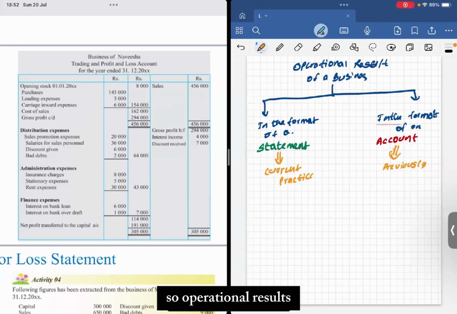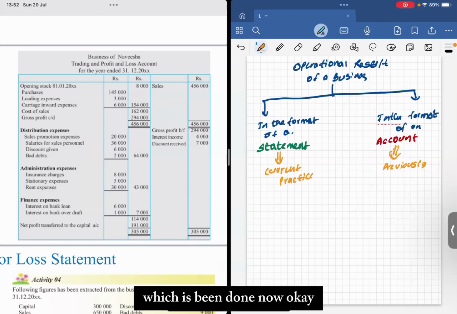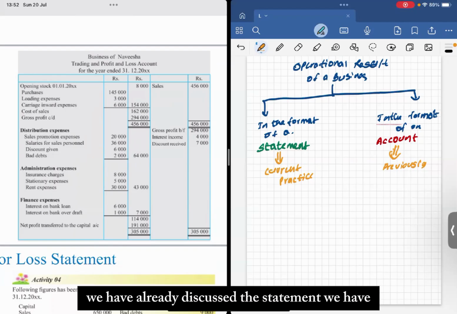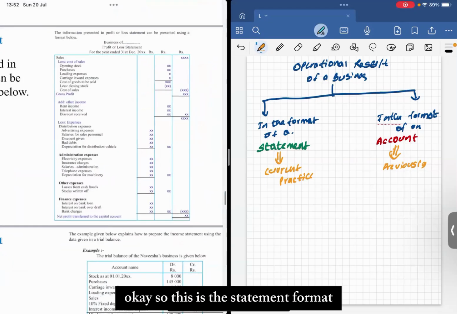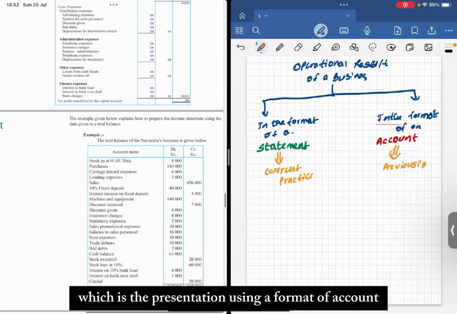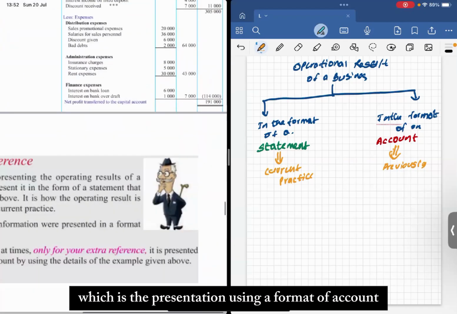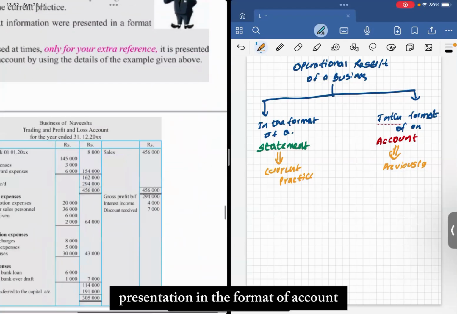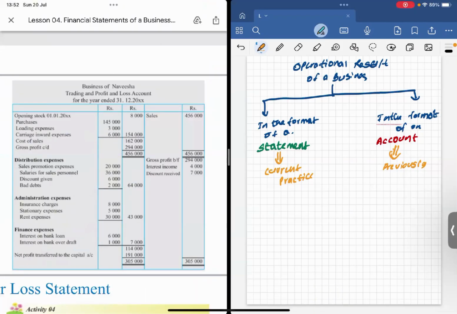So operational results, you can report in the format of a statement, which is being done now. We have already discussed the statement and done practice questions. So this is the statement format. And then we have another format, which is the presentation in the format of an account, where you can see it here.